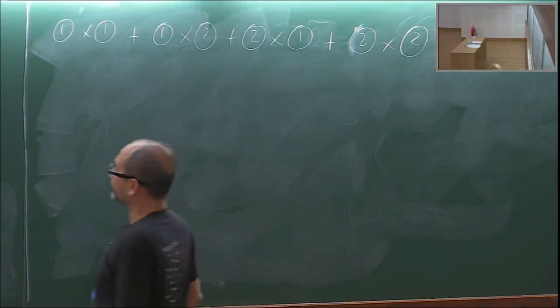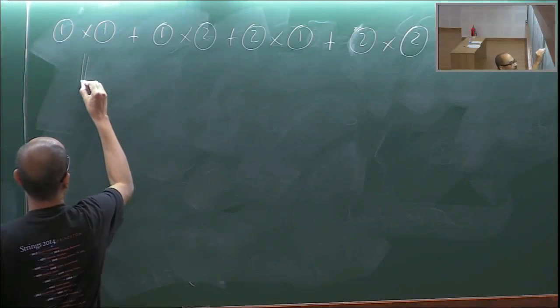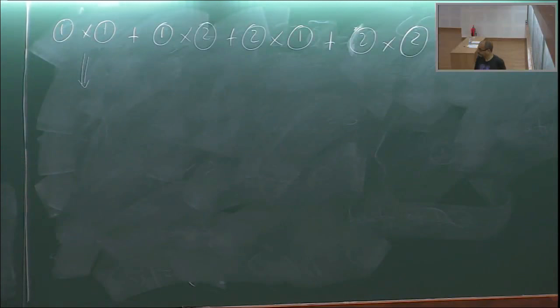So of these, the claim is that these are 0 identically. Let's look at 1 times 1. That means I pick this and this.